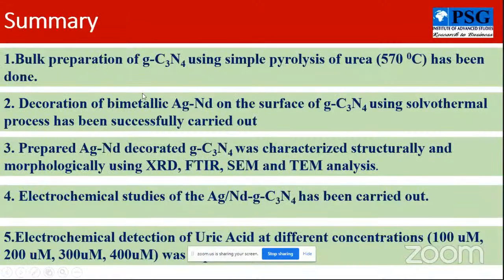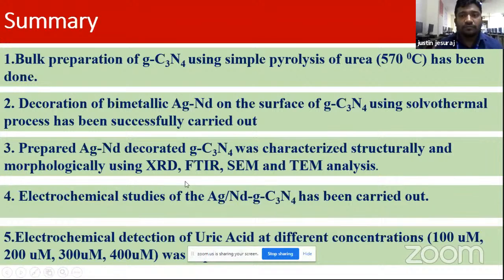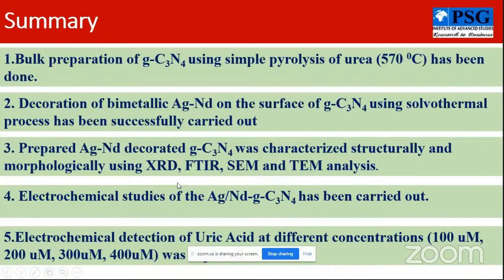My summary of the work is this: I have prepared g-C3N4 using simple pyrolysis of urea at 570 degrees Celsius for 3 hours. Then I have decorated the g-C3N4 with bimetallic AgNd on its surface using a solvothermal process. The developed material was characterized structurally and morphologically using XRD, FTIR, SEM and TEM analysis.